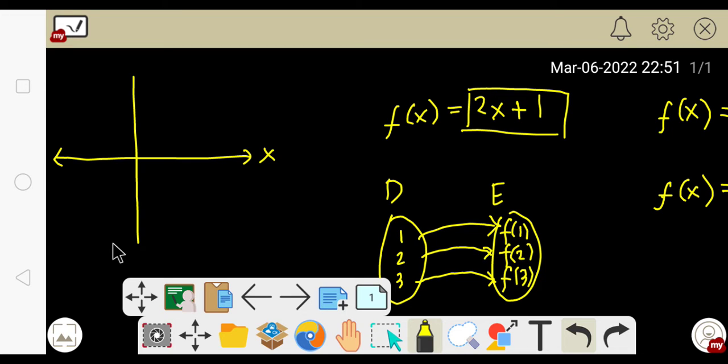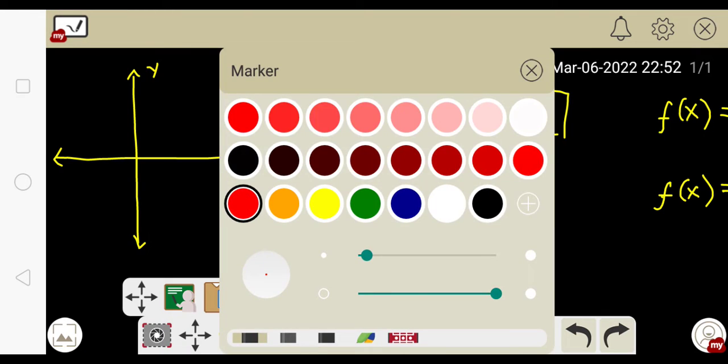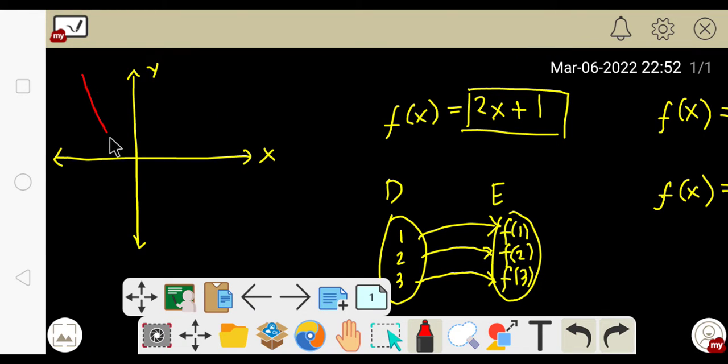This is our x and y. Suppose we have this graph. We'll change the color into red. Is this a function or not? Of course, this is a function, because through a vertical line test, if you draw a vertical line, it satisfies that only one point of the curve is intersected by the vertical line.